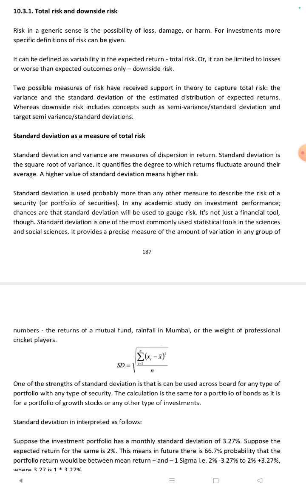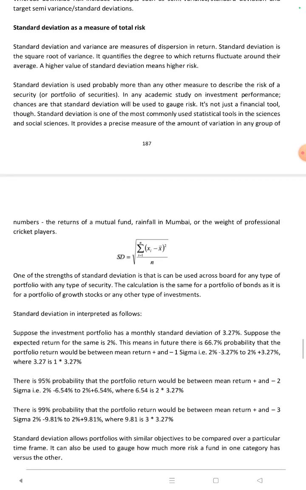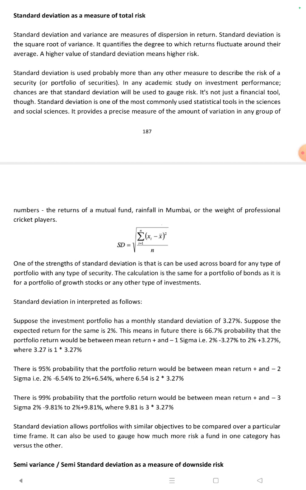Two possible measures of risk have received support in theory to capture total risk: the variance and the standard deviation of the estimated distribution of expected return, whereas downside risk includes concepts such as semi-variance, semi-standard deviation, and target semi-variance. Standard deviation as a measure of total risk. Standard deviation and variance are measures of dispersion.